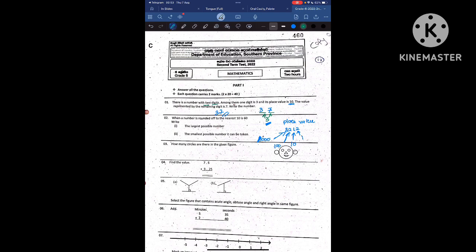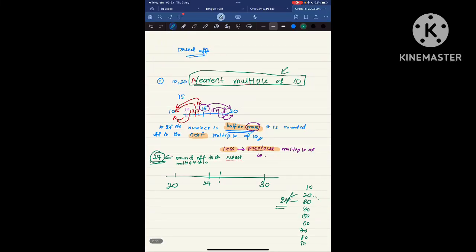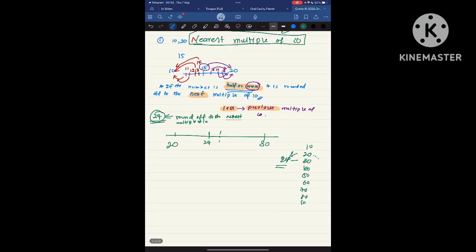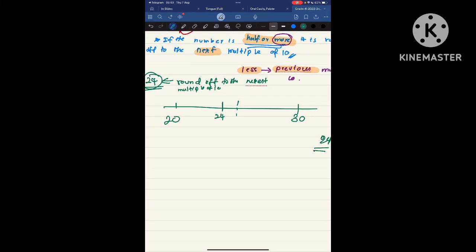so now the question is, what number is rounded off to the nearest 10? When a number is rounded off to the nearest 10, it is 60. So it says that it is now rounded off.